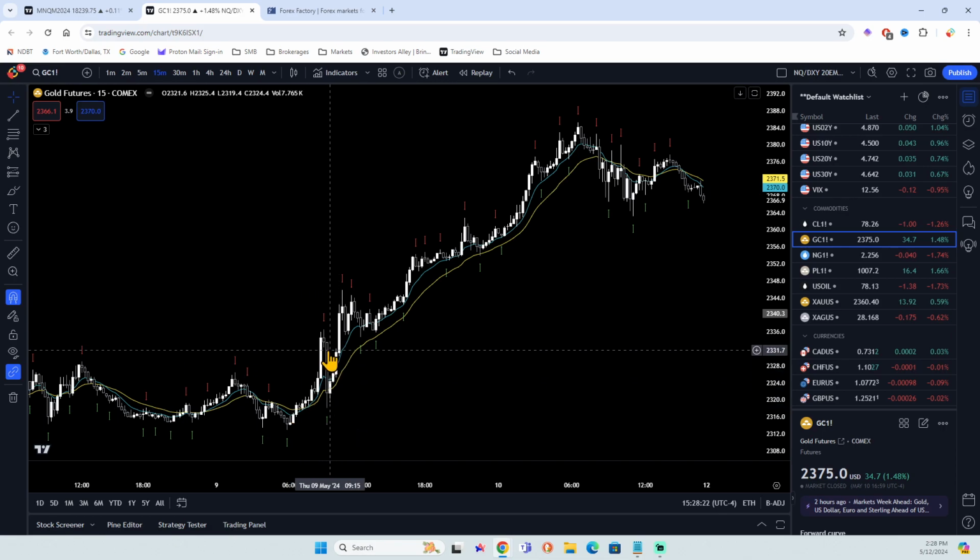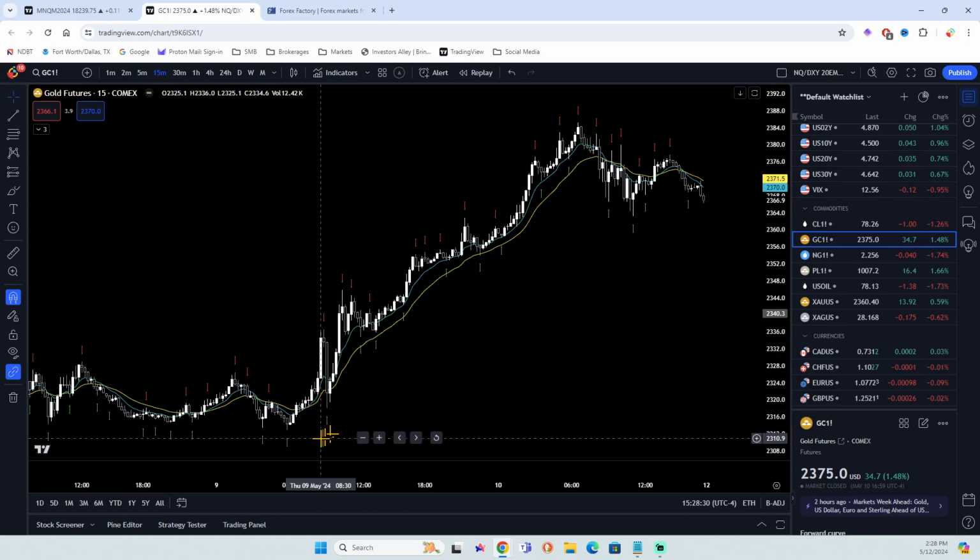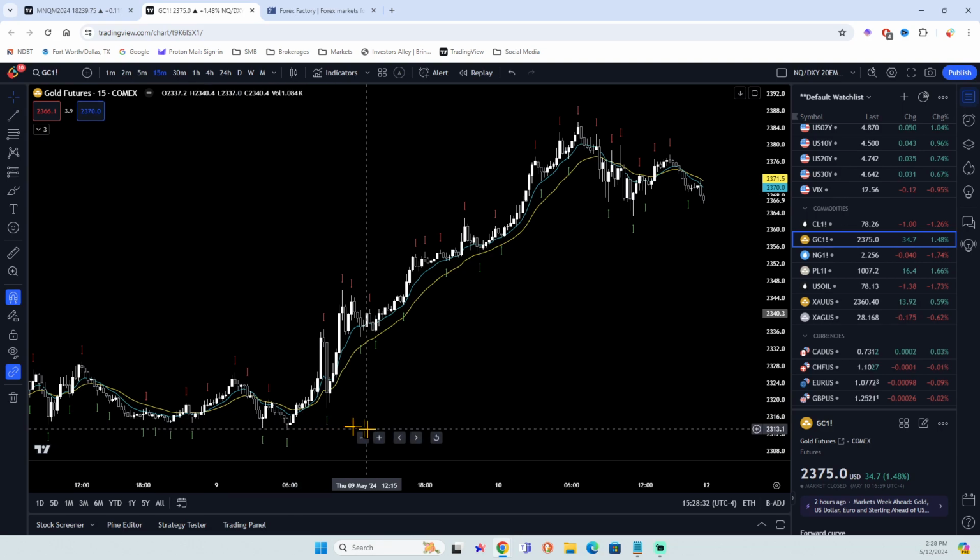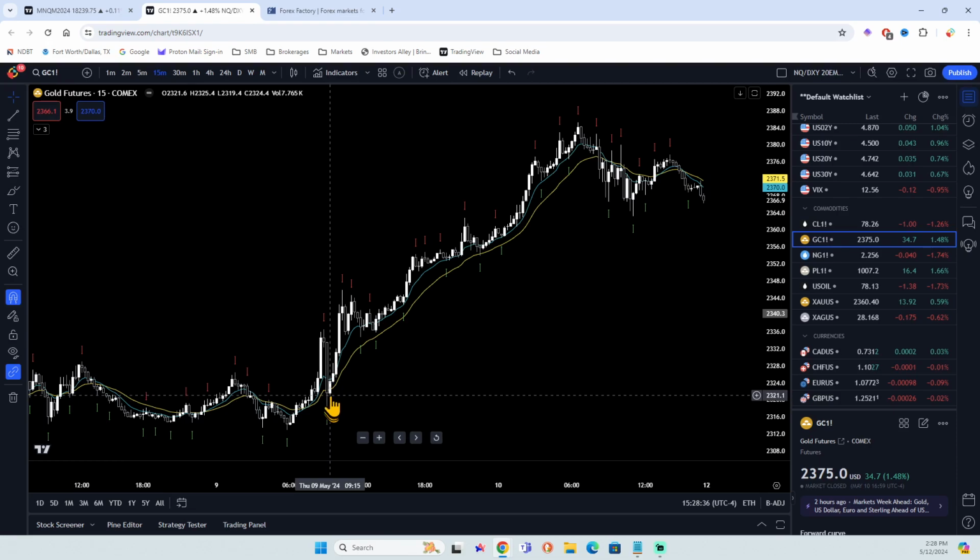And here, not sure what that candle was exactly or what caused that volatility. The best entry would have been probably either this white candle here or this one here.